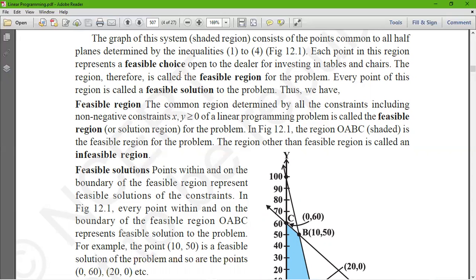Every point of this region is called a feasible solution of the problem. Thus, the common region determined by all the constraints, including the non-negative constraints x, y greater than or equal to 0, of a linear programming problem is called the feasible region, or solution region, of the problem.